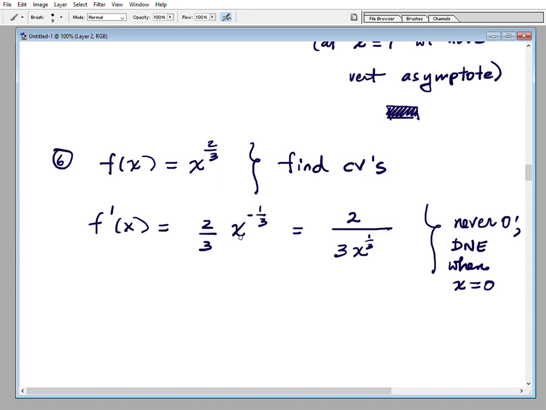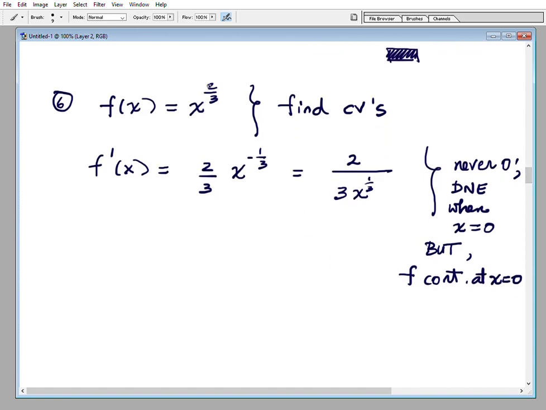The negative exponent we have here, you see, in f prime. So because when we substitute in 0 here, x flipped to the denominator, all right? F prime does not exist at x equals 0, but f does. Never 0, does not exist when x equals 0, but, and this is the important but, f is fine at x equals 0, f continuous at x equals 0. So when you have that situation, and this is where it comes up with these fractional exponents in examples that we'll see, that implies that x equals 0 is a critical value of the other type.